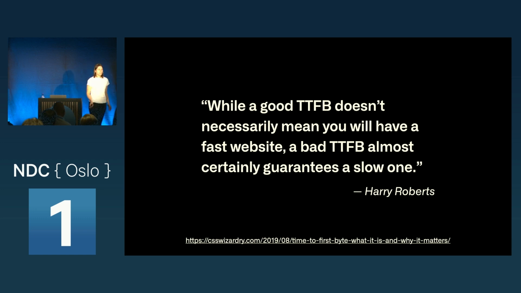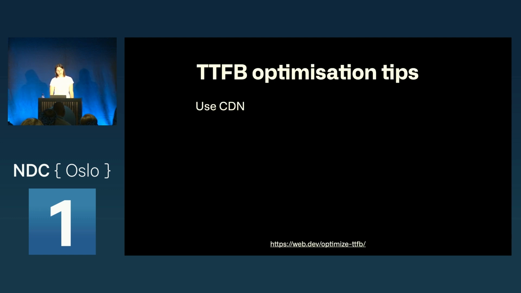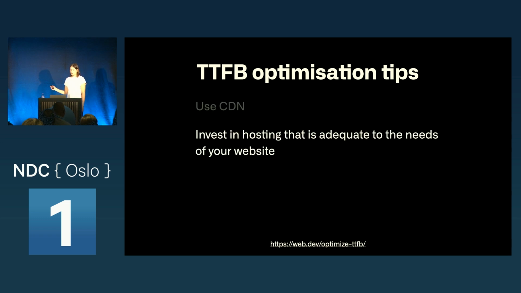It's quite logical, and a lot of the time it will also mean that other requests are slower, because you probably have a higher latency. So what to do to optimize TTFB? Use a CDN, a Content Delivery Network, to be closer to the users. Invest in hosting that is adequate to the needs of your website.